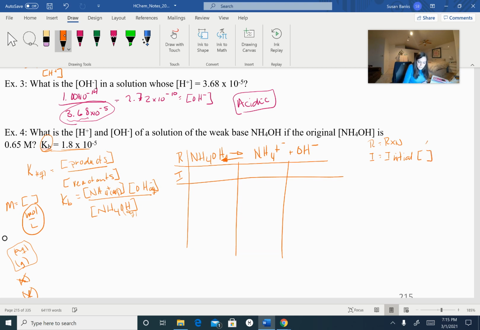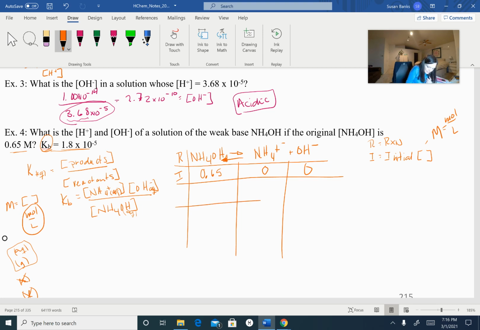Now remember, all these concentrations have to be molar, so they have to be moles per liter, okay? So our initial concentration, when we first put that ammonium hydroxide in there, is 0.65, okay? Now, when we first put that ammonium hydroxide in there, we have no ammonium and no hydroxide. We're going to start out with just ammonium hydroxide, okay?